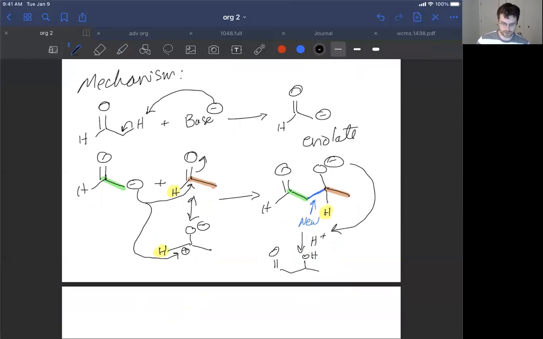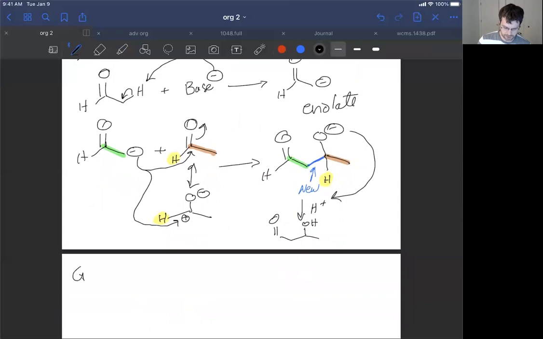Okay, so a general overview of the self-aldol reaction is this.